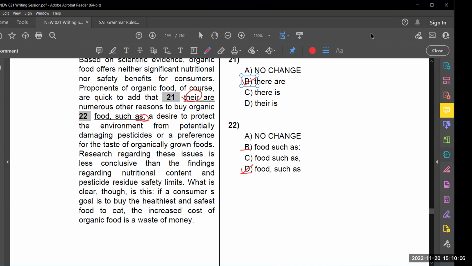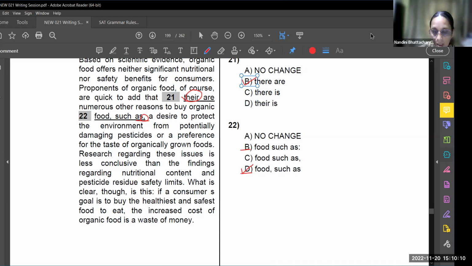After such as, you have an explanation or a list, such as a desire to protect the environment from potentially damaging pesticides. But when you are punctuating such as, what is the rule?